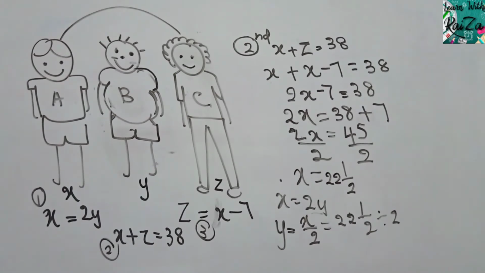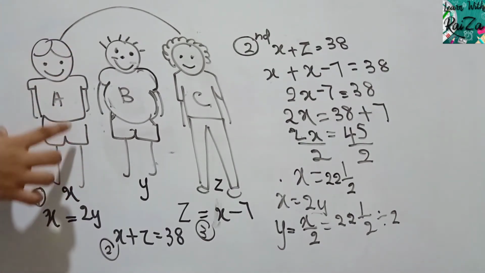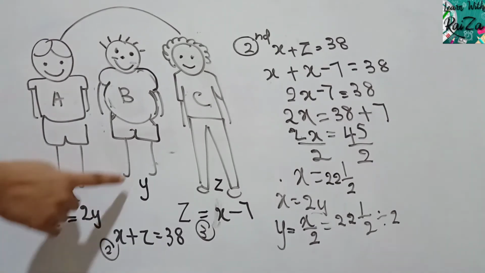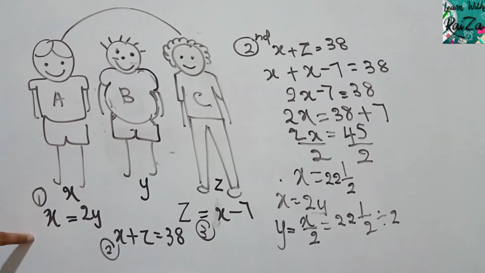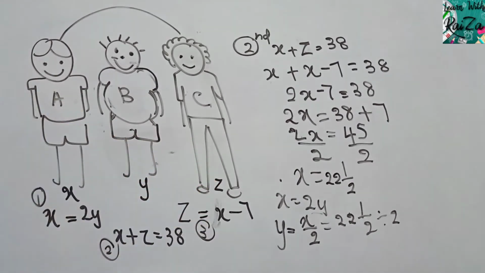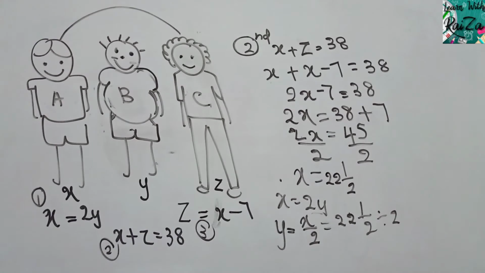The question can be like this: age of A is twice the age of the person B, and age of C is 7 years younger than the age of the person A. Sum of the age of A and C is 38. Find the age of each person.